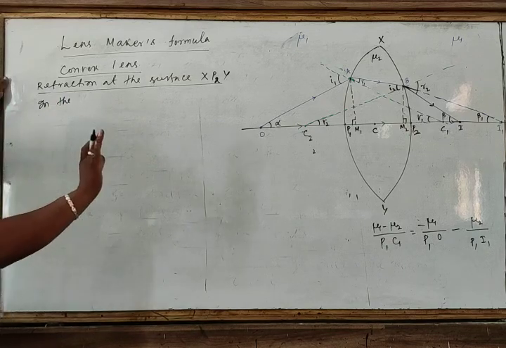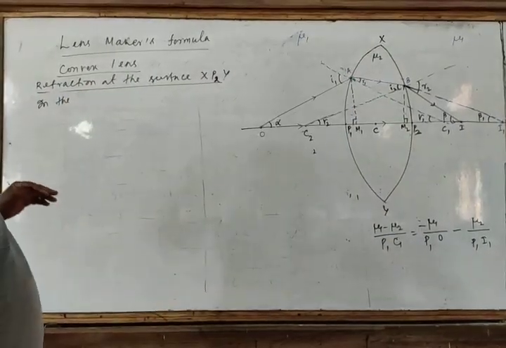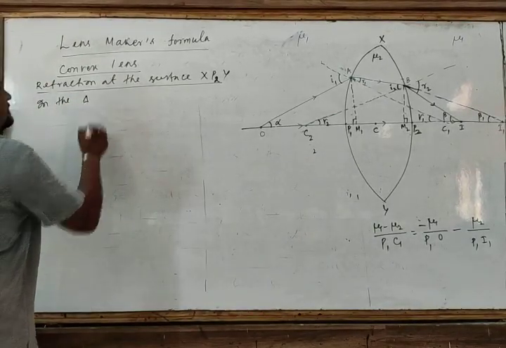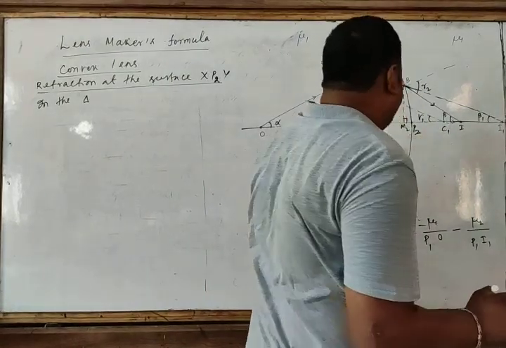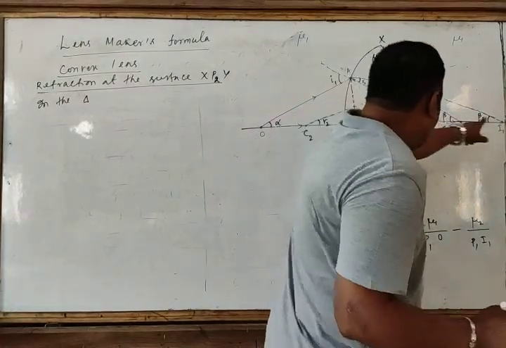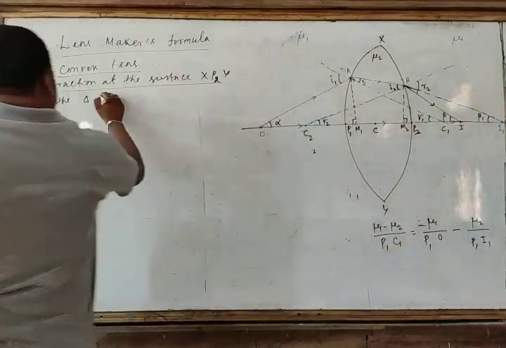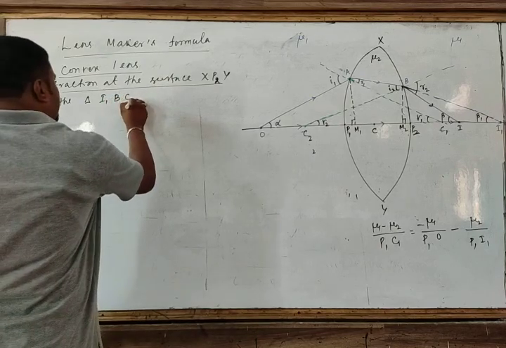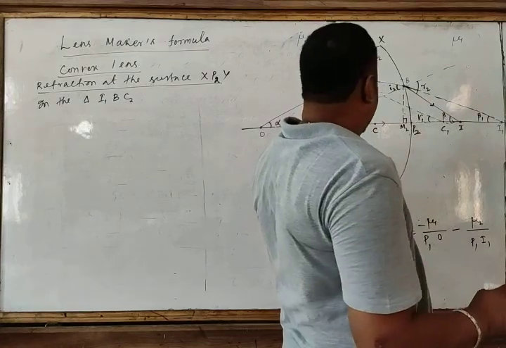So I will find for this surface XP2Y, in the triangle I1BC2.